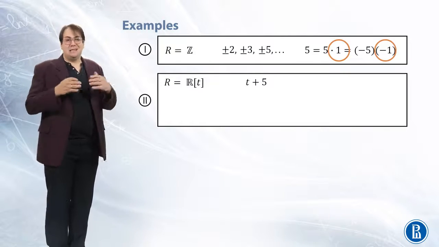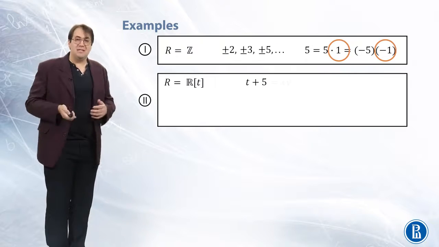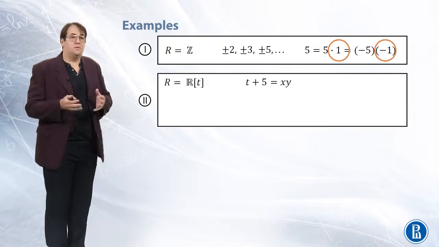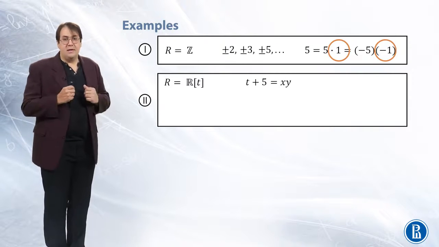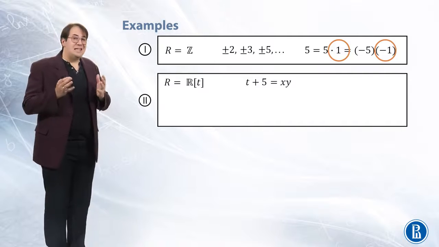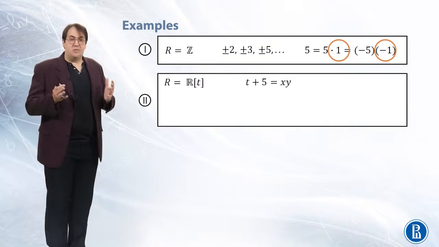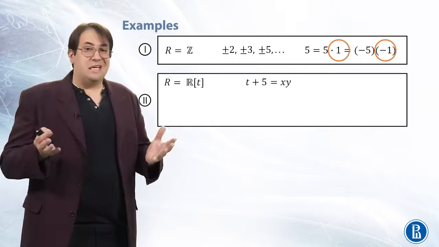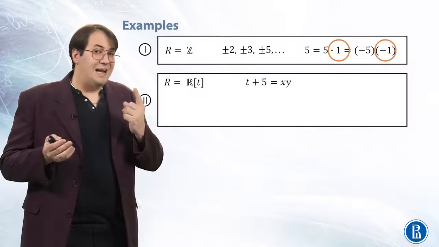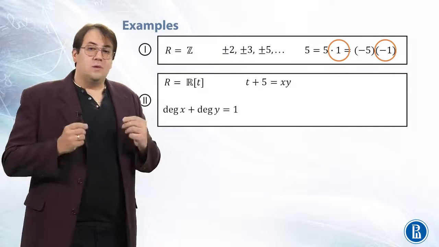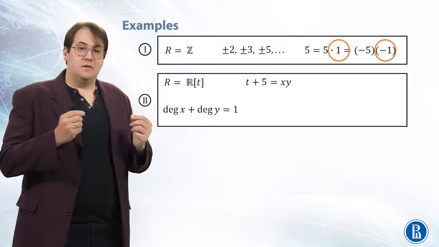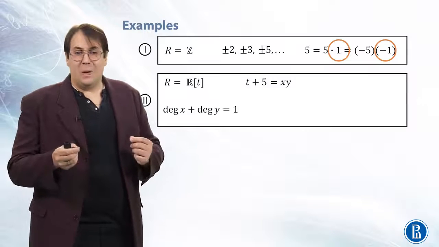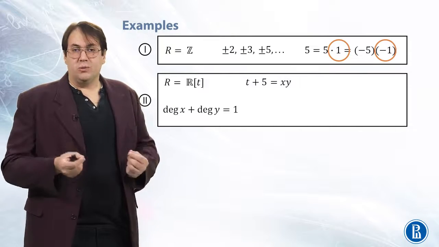Suppose it is decomposable and can be represented as a product of two other polynomials. Well, let's just take a look at the degrees of these polynomials. Well, we understand that t plus 5 has degree equal to 1. So the sum of degrees of polynomials x and y should also be equal to 1.